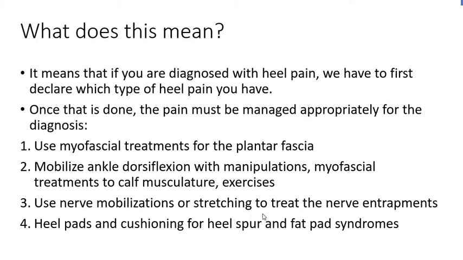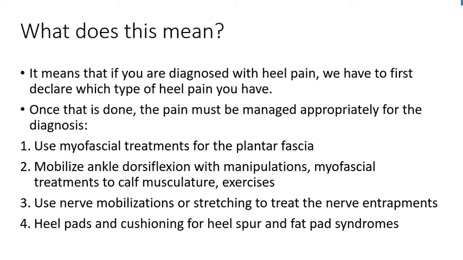If we have nerve entrapments, there are very special nerve stretches and nerve mobilizations that you need to use that really help treat those nerve entrapments and get them to feel better much more quickly. If you don't use those, you're going to fail on those treatments. And then if you've got fat pad syndrome or heel spur syndrome, you want to use cushioning in the heel.